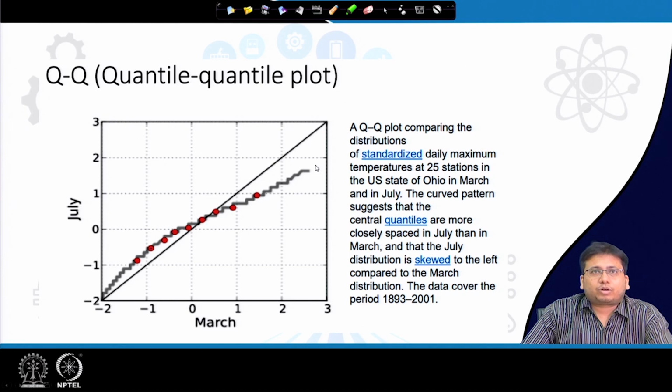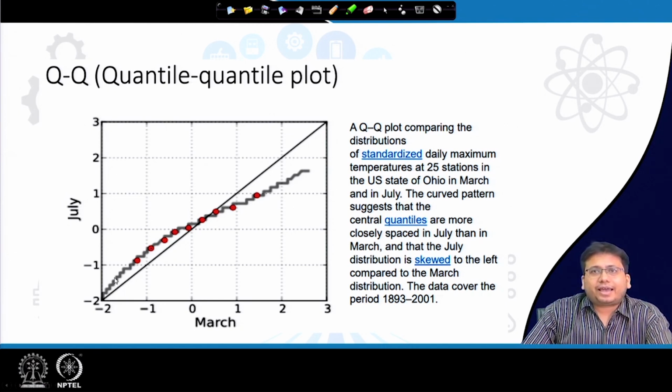The corresponding value in July is something like 2.7, the end of this distribution somewhere here. But the highest value in July is actually much less, something like 1.8. It's quite the reverse at the lower end of the spectrum. It's like saying that the hottest day in March is hotter than the hottest day of July, but the colder days of March are cooler than the colder days of July.